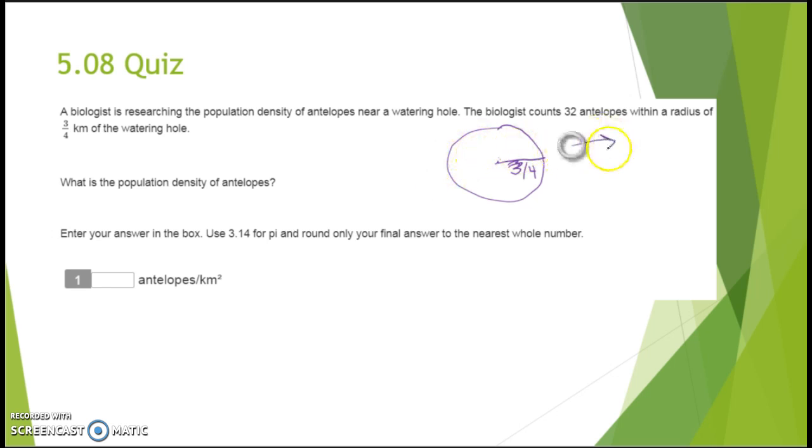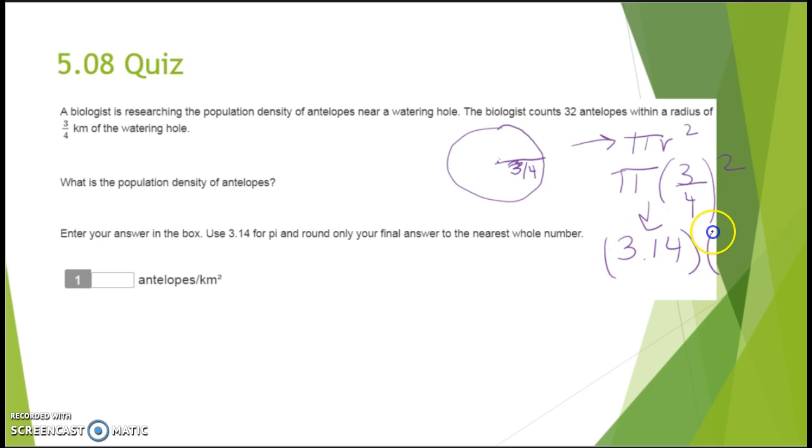And the area of this section that he's looking at is pi times the radius squared. So pi times a radius of 3/4 squared, and actually it says to use 3.14 for pi. So we'll replace that: 3.14 times 3/4 squared.